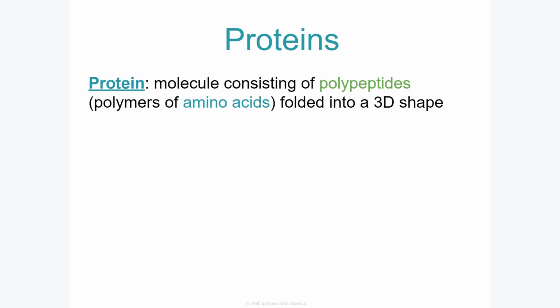So a protein is just a molecule that contains a bunch of polypeptides, which are polymers of amino acids that are folded into a 3D shape. These are comprised of carbon, hydrogen, oxygen, nitrogen, and sulfur.